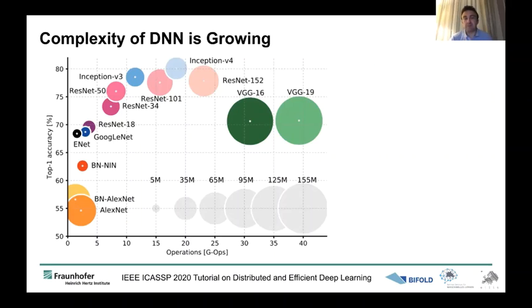The size of the circle also visualizes the number of parameters. You can see that VGG, for example, has over 150 million parameters, which is really insane. Other models are slightly more lightweight, but still require a lot of operations and have also some millions, up to 100 millions of parameters.